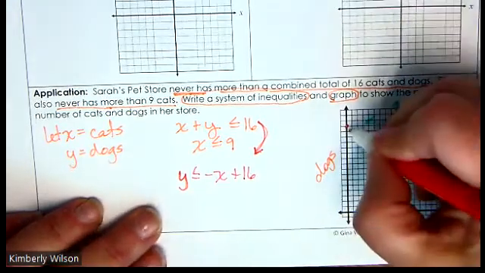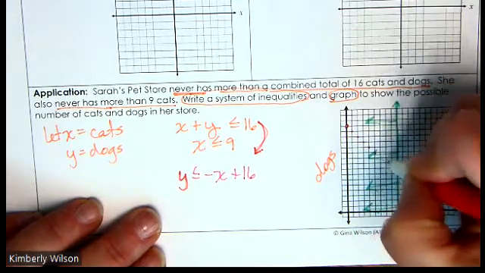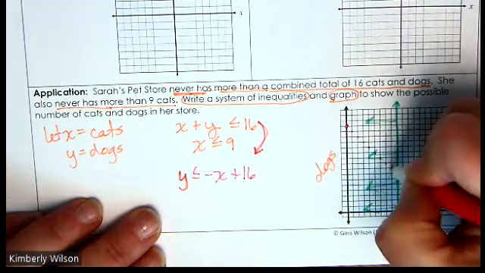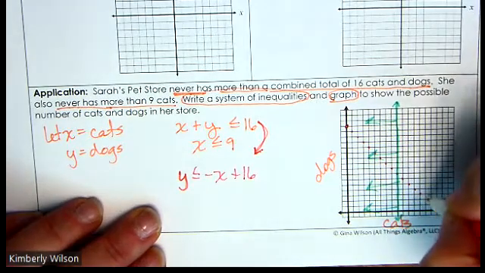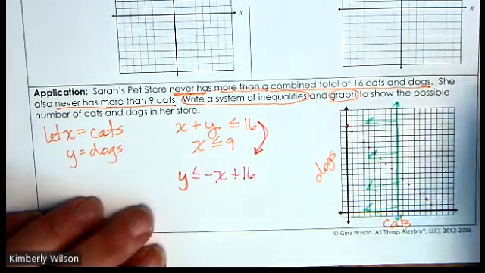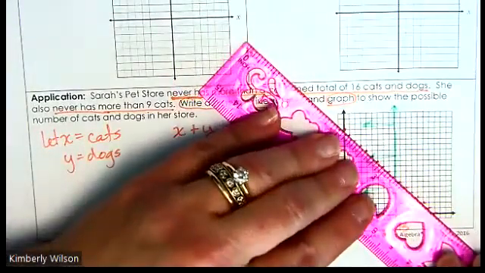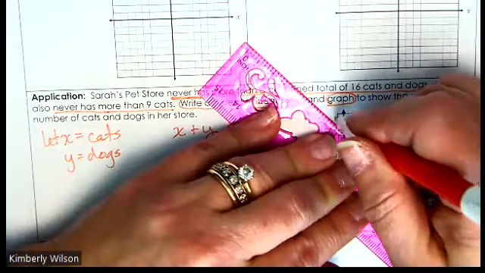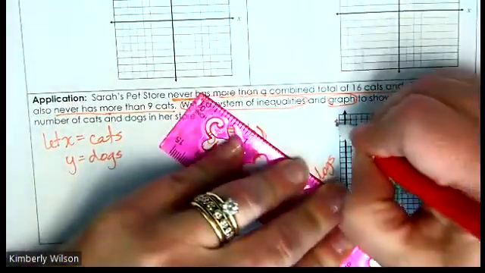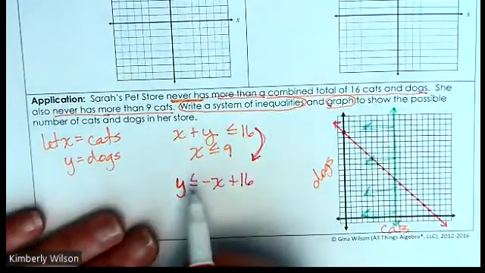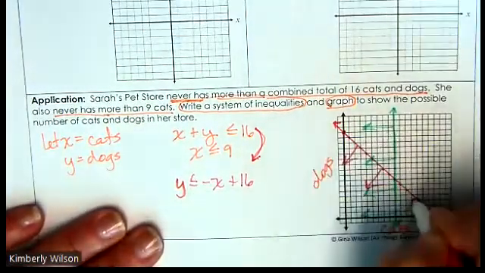And then it's a negative slope, so therefore it's just dots all the way down. And I can connect the dots with this as well, because this needs to be a solid line because it's equal to. Okay, now it's y is less than or equal to, so I'm shading in this direction.